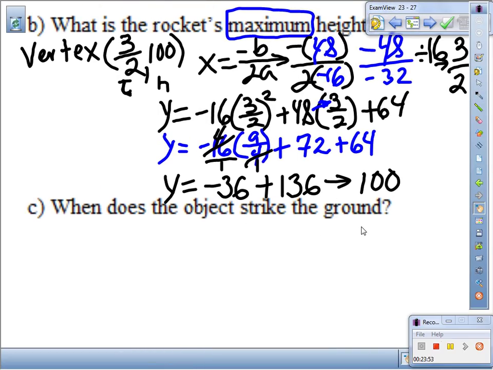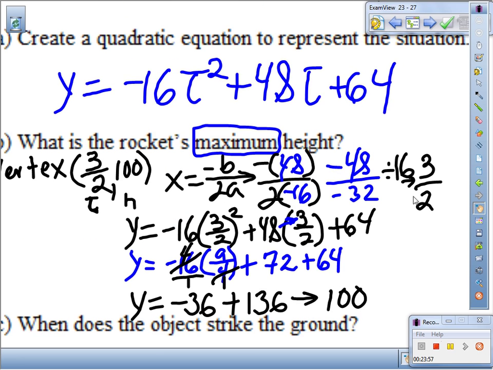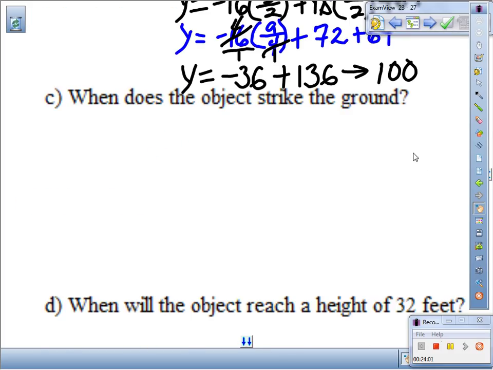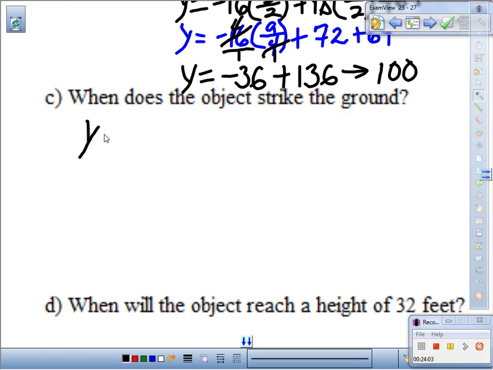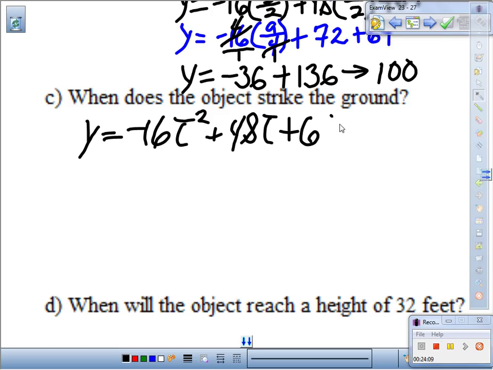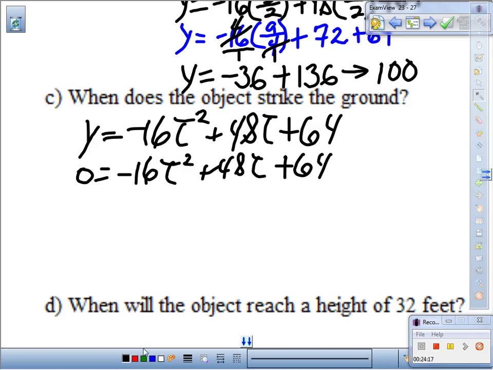When does the object hit the ground? So what does that mean? We need to solve the original equation. So let's write that one here. Y equals negative 16t squared plus 48t plus 64 equal to 0. All right, let's check for GCF.